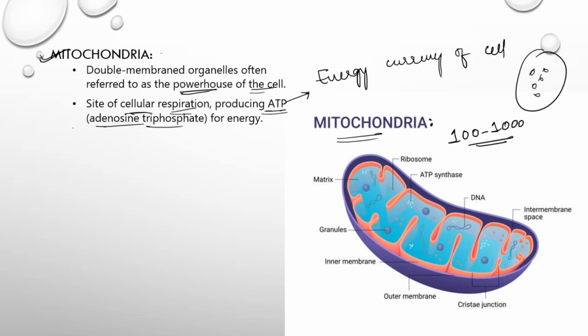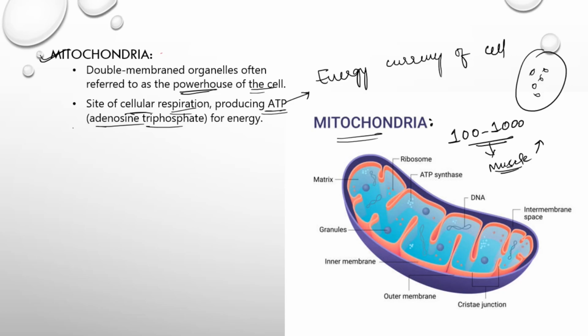Yes students, you heard it right. 100 to 1000 mitochondria are present per cell, based upon the activity. Interestingly, if a muscle cell is there, then for muscles more energy is needed.